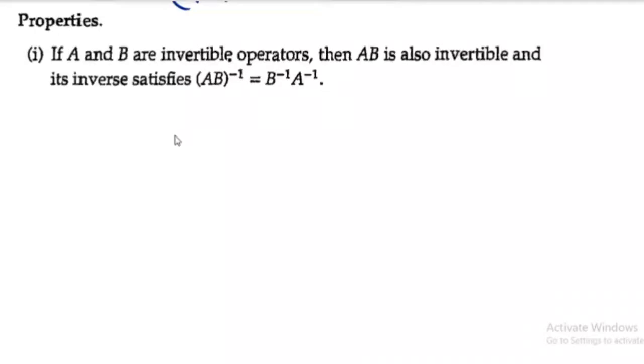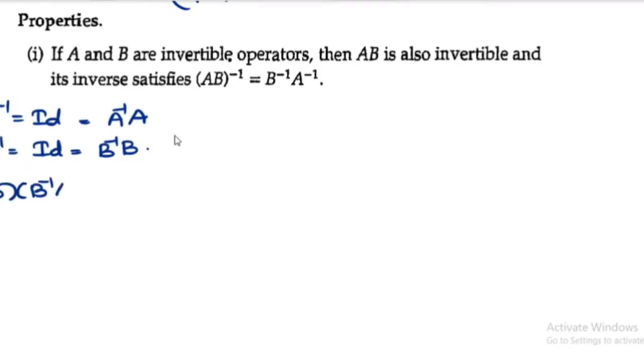For proving this, given that A and B are invertible operators, A inverse A equals ID equals A A inverse. Similarly, B inverse B equals ID equals B B inverse. Now what about AB into B inverse A inverse?